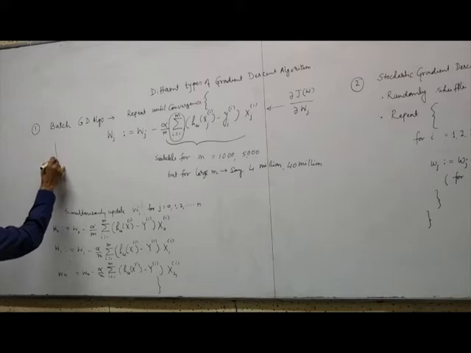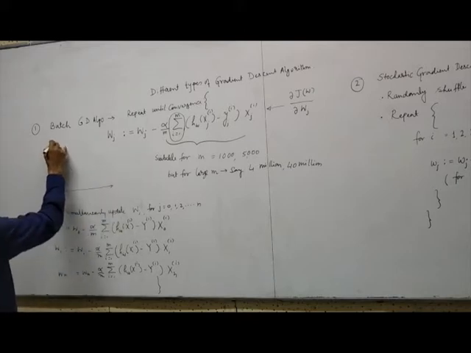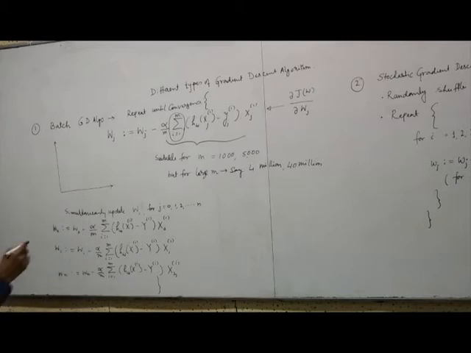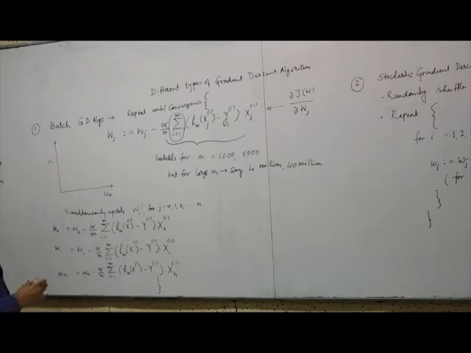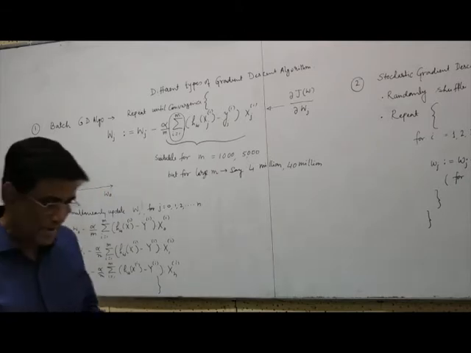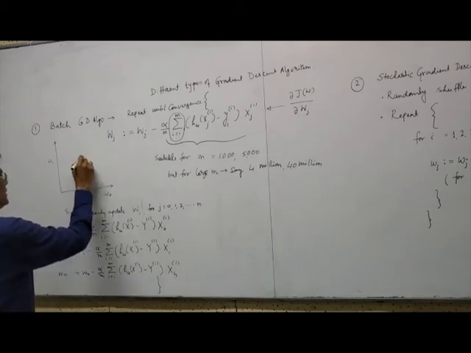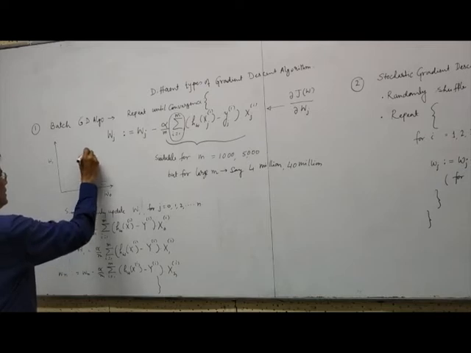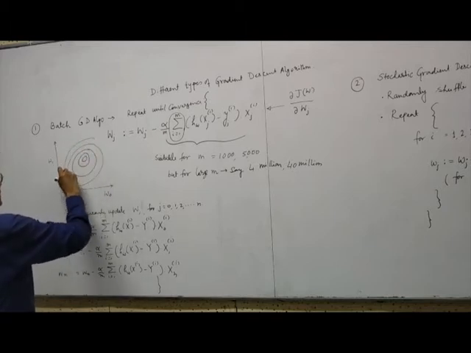Now if I try to draw, for visualization we can only do that. We have taken two parameters and we are doing a contour plot, say, to see how the algorithm will work.